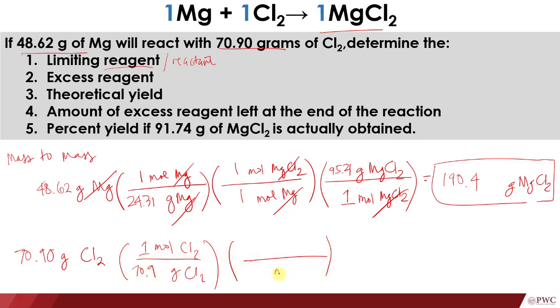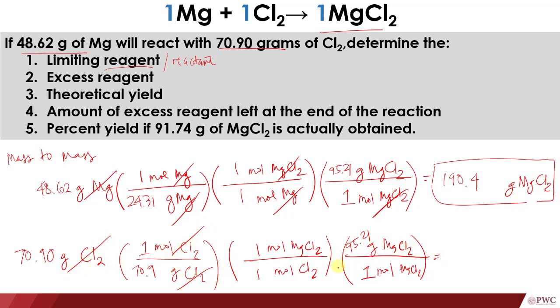And then from moles of Cl2, let's determine the moles of the product, MgCl2. The numbers here are 1 to 1. And then from the moles of MgCl2, convert this to its grams. Now, the molar mass of MgCl2 is 95.21, which we have solved earlier. Cancel grams of Cl2, moles of Cl2, and moles of MgCl2.